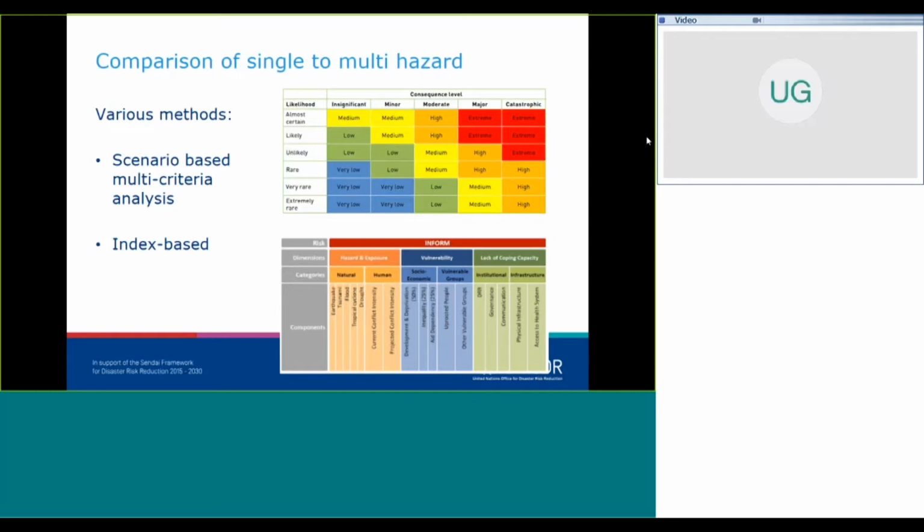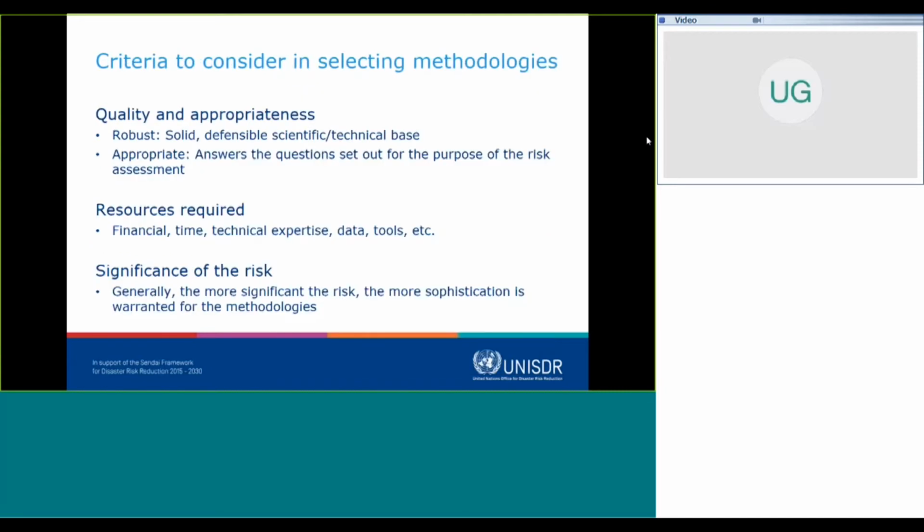So really assigning value to hazard levels and exposure levels for specific hazards, assigning value to vulnerability and lack of coping capacity based on very concrete indicators, and adding them up to a risk level indicator. You see this mostly to compare different kinds of countries. You can use them for different areas within your country, but also to compare different hazards within your country.